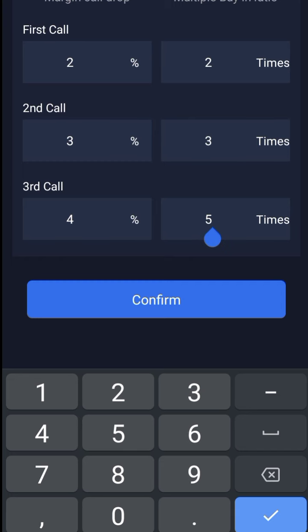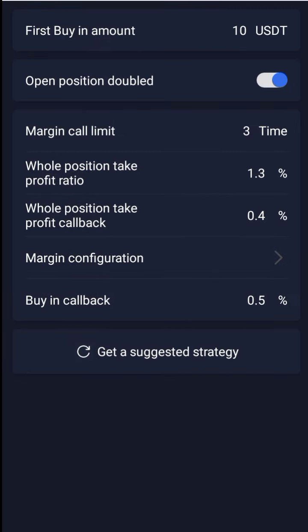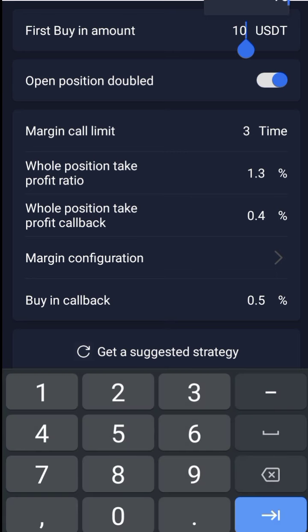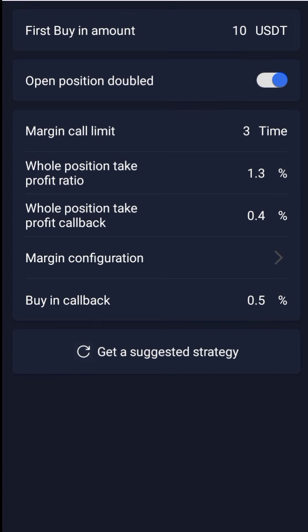And when this executes, it's going to use more than $10 as well. So if you have $100 or whatever, you shouldn't make it your first call balance. What I mean is that if you have $100, you shouldn't put the whole $100 in your first buy-in amount. So that's basically it.